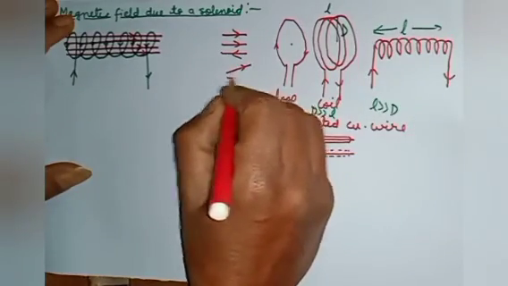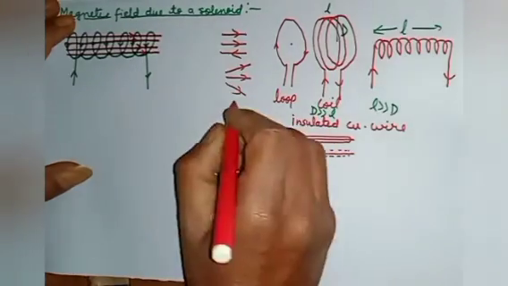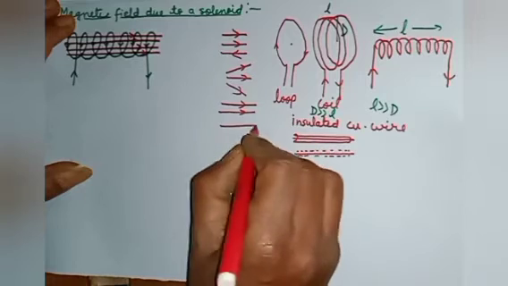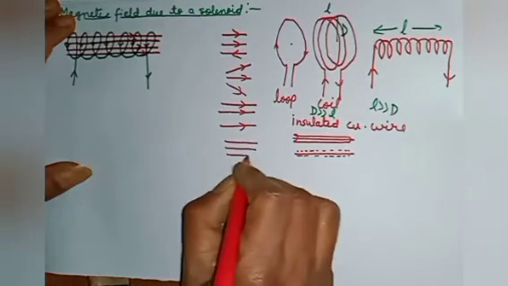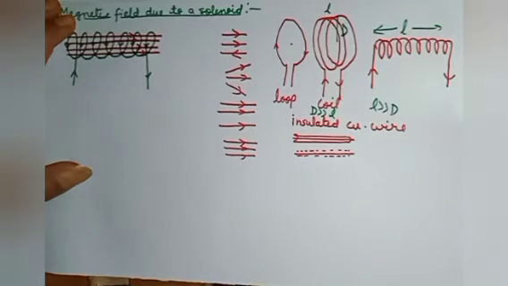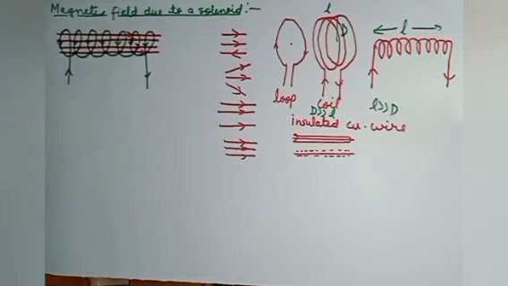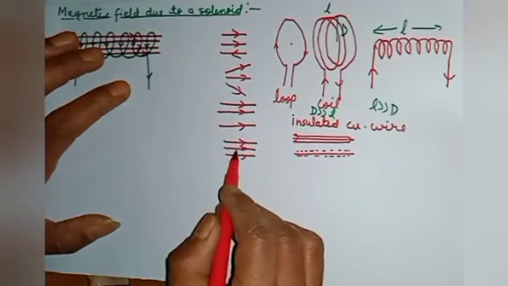Second, this is of course not a uniform magnetic field. In fact, this is not a uniform magnetic field, but this is. A uniform magnetic field must have parallel field lines along the same direction and equidistant. These are not equidistant. These are equidistant.